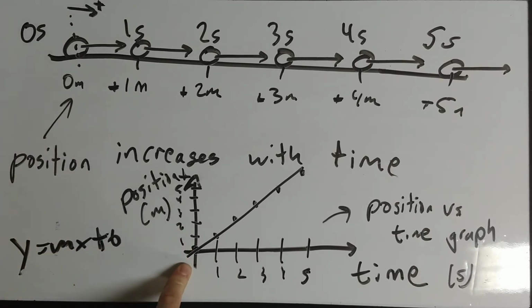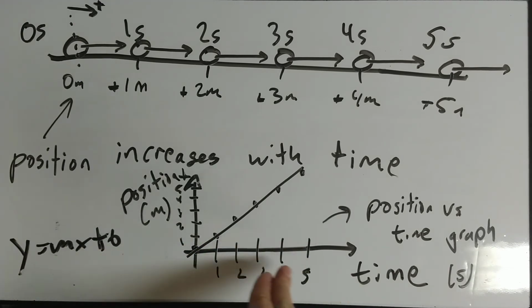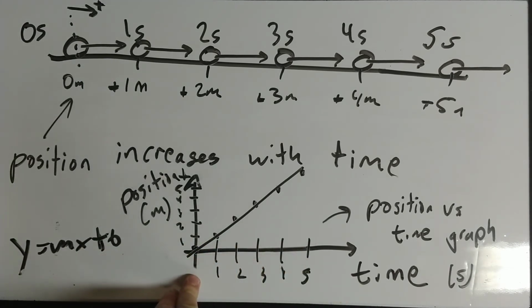The generic definition of y-intercept is the value on the y-axis at the x-axis equal to 0. So it's the position when the time equals 0 seconds. That's the physics way of saying your starting point.